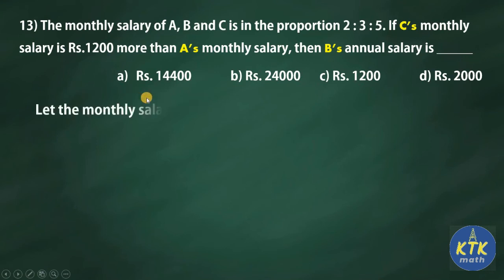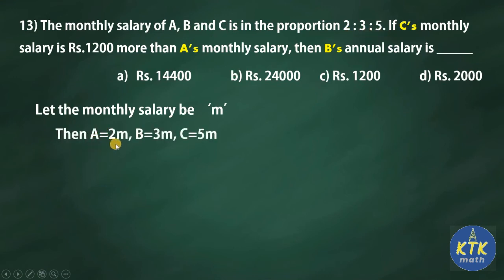Okay, as usual I am going to assume the monthly salary be M. You can use any variable. Here I am using, let the monthly salary be M. So what is the ratio they gave for A, B and C? 2:3:5. Then A's monthly salary will be 2M, B's monthly salary will be 3M and C's monthly salary will be 5M.